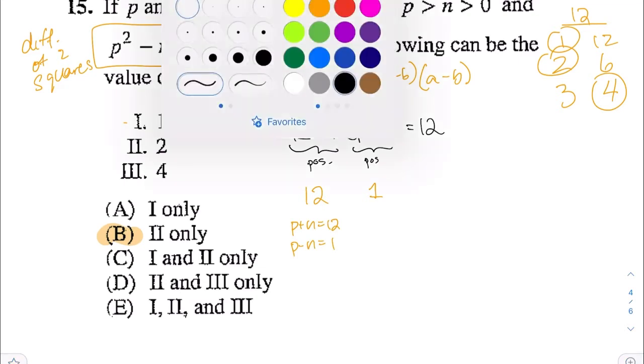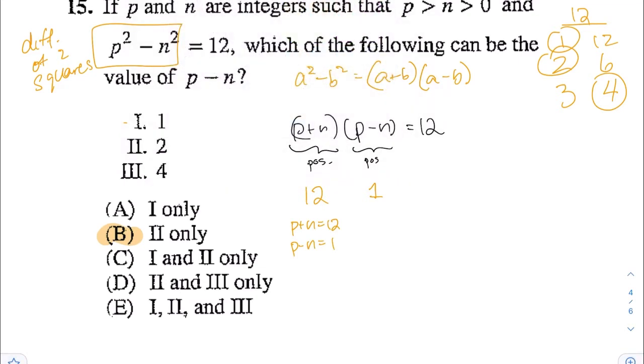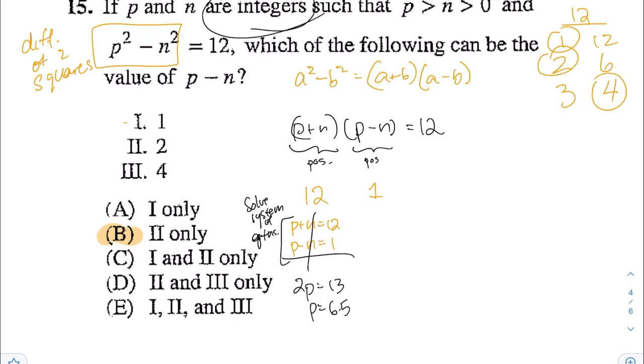So here, if you try to solve for this system of equations by doing the elimination method, and you add the two equations together, you eliminate n, that'll give you 2p is equal to 13, or p is equal to 6.5. That doesn't work because it's not a whole number, so it violates that. So Roman numeral 1 is false, so A, C, and E are all eliminated. Then you try Roman numeral number 2.